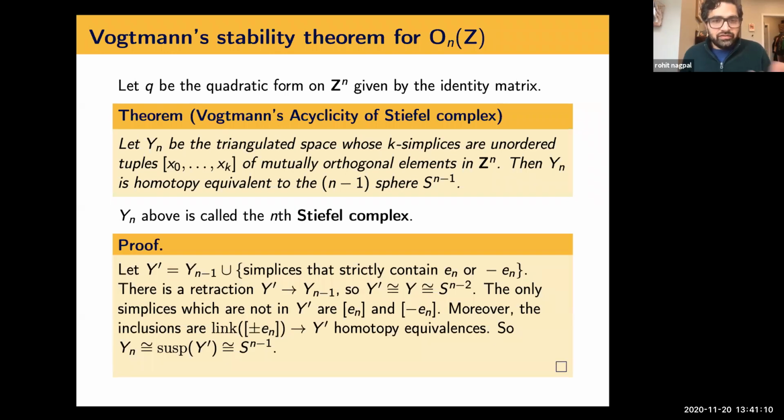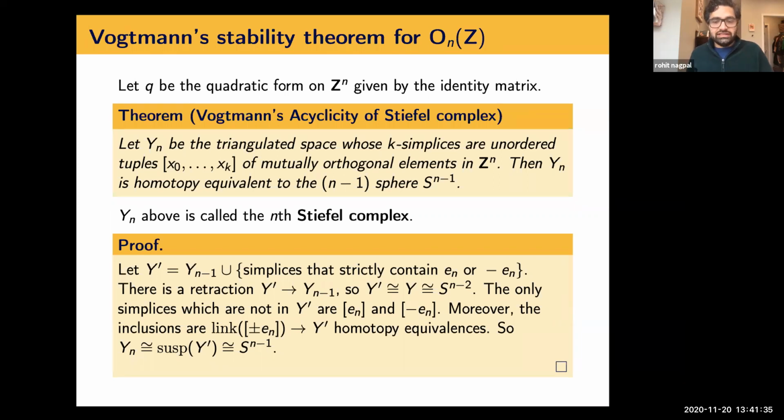And the proof of this theorem that this is homotopy equivalent to a sphere is pretty easy. You argue by induction. If you take all the simplices which do not have En or minus En, where E1, E2, ..., En are the standard basis vectors, then that's an (n-2)-sphere by induction.